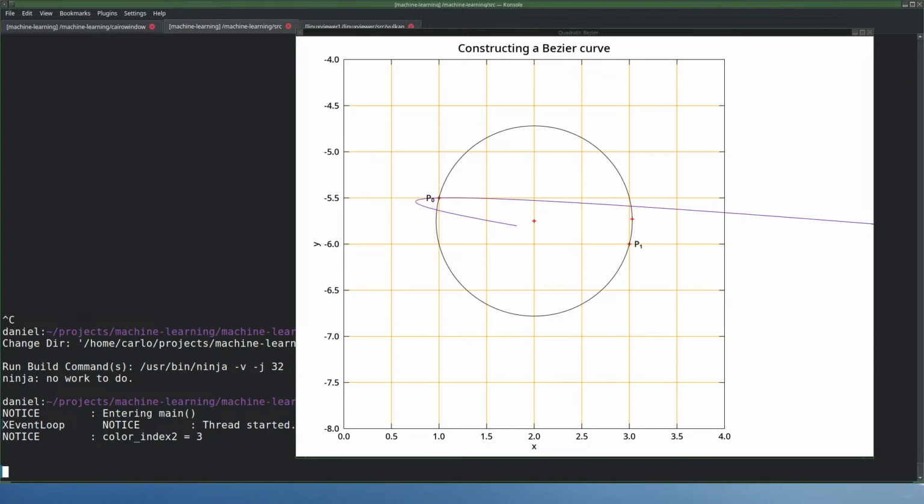Wait a minute. Now I'm getting it. So the most changes that I do is when I remove this curve. This curve exists of a lot of little line pieces. And then I erase it. Erase one little line piece, and then send an expose event.